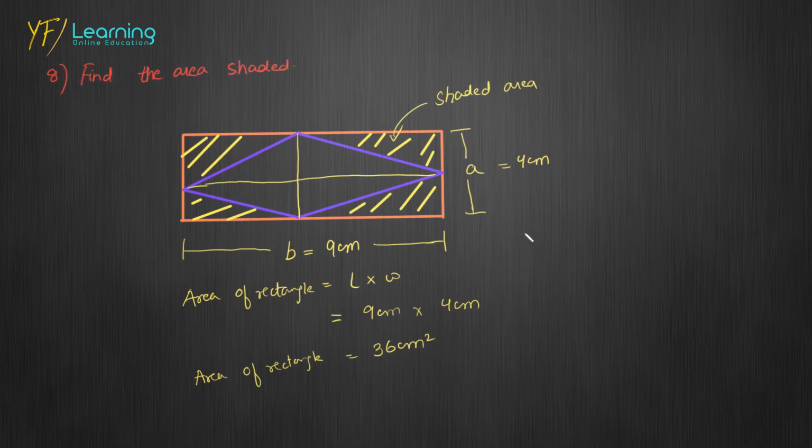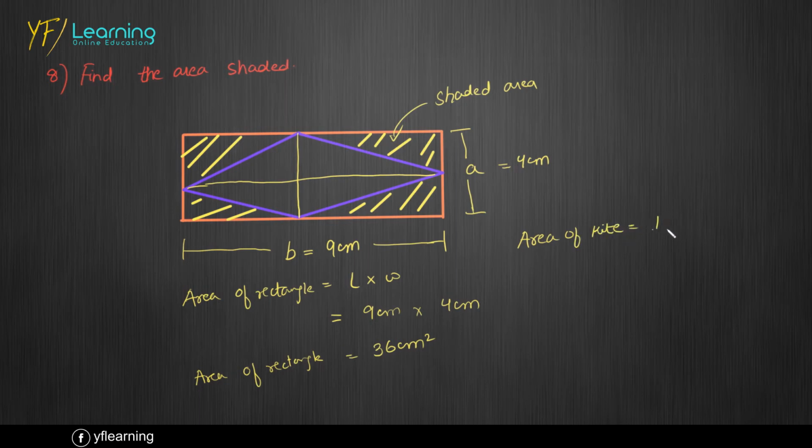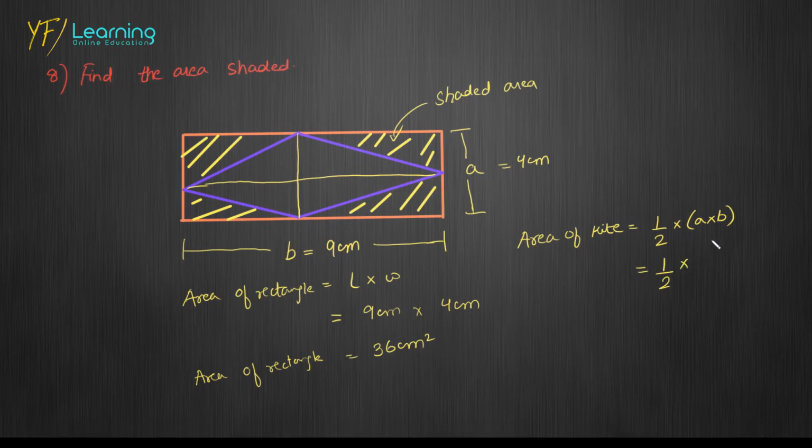So now let's find the area of kite. Area of kite is equal to half times A cross B, half times product of diagonals.